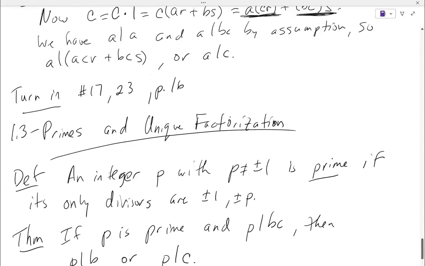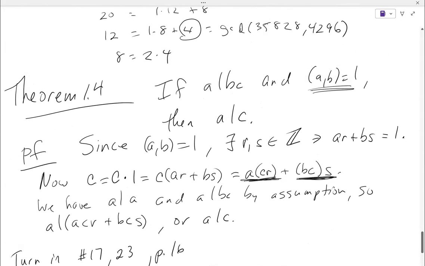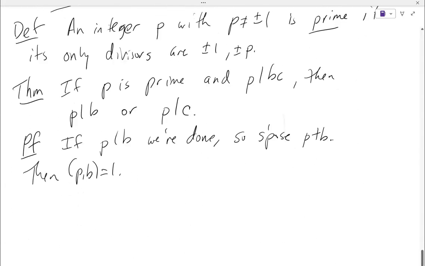What did we just prove a minute ago? If a number divides a product and the GCD of A and B is 1, then A divides C, right? Isn't that the exact same setup we have, except that instead of calling it A, we called it P? Yeah.